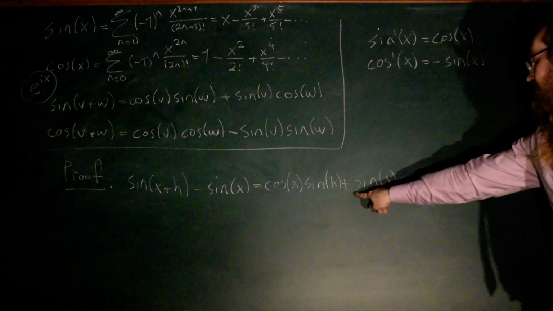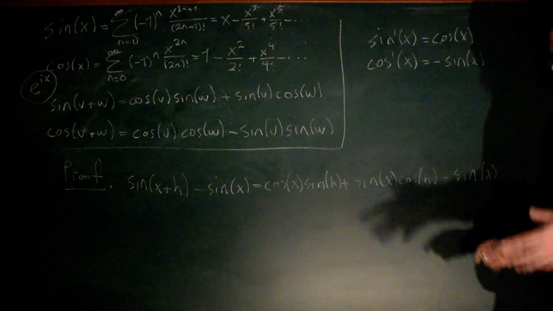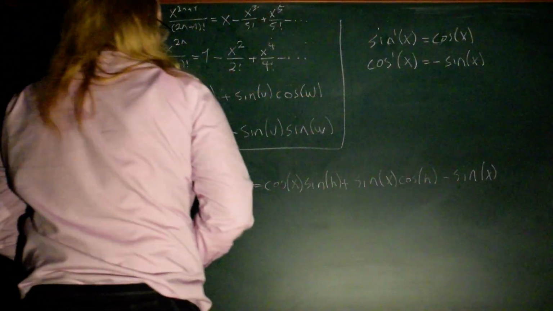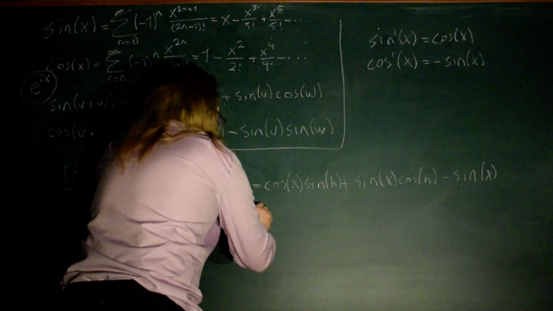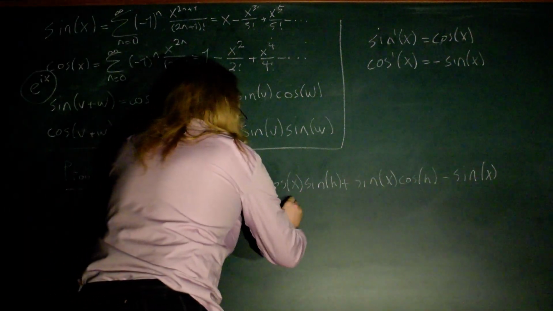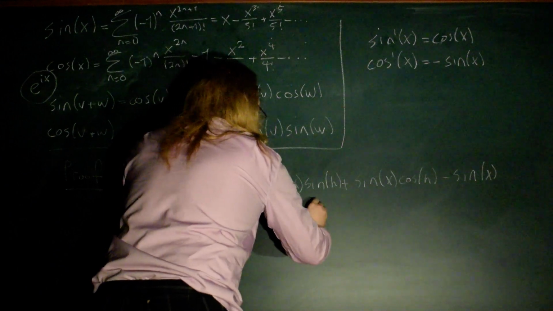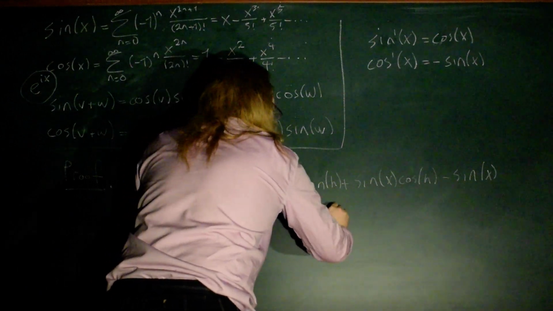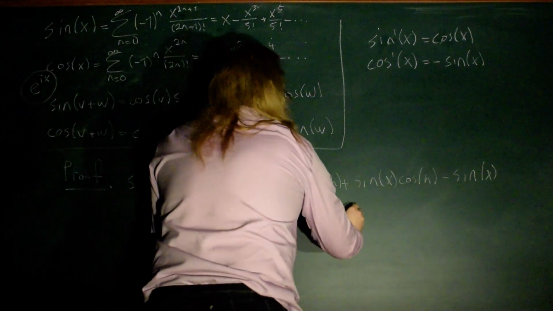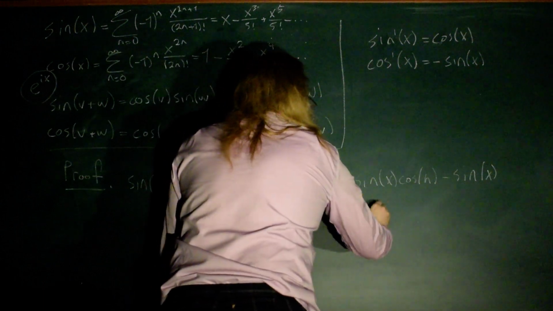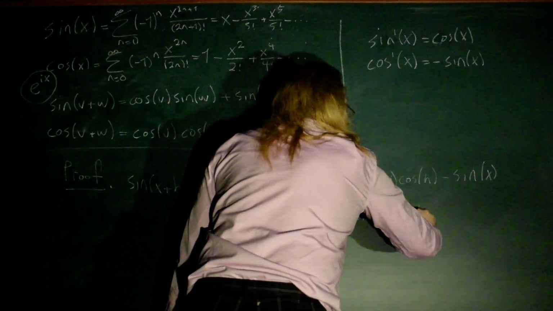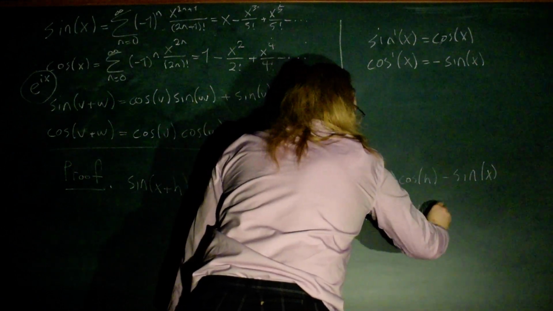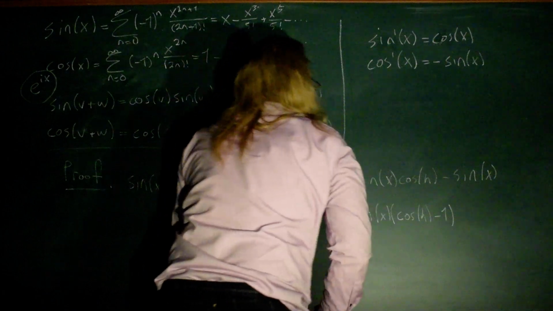This is a factor in this term and in this term. So let's do what we always do with common factors. We extract it outside of a parenthesis. So this will just stand. And then we get this common factor, and what's left in the first term is just the cosine of h minus the 1 there. Beautiful.